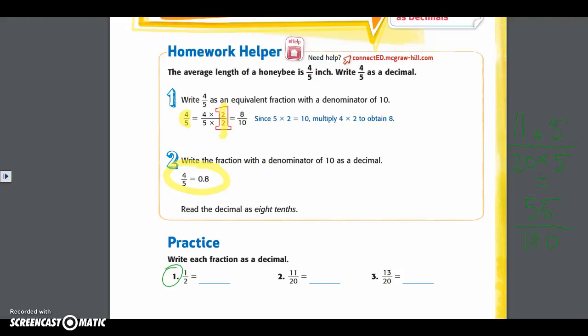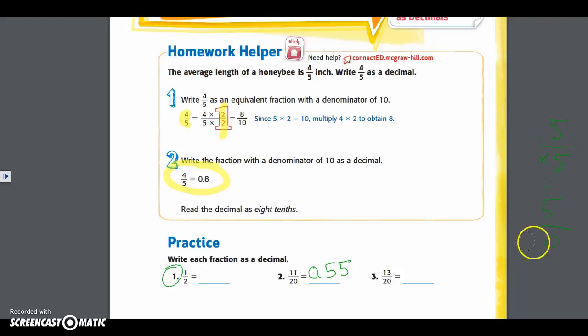So 11/20 is equivalent to 55/100, and we already know how to write 55/100. So I'm going to write that right down here on my line. 0.55. 55/100. All right.